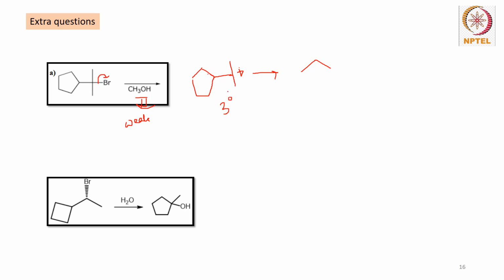This is the highest stable one, because it has the highest number of alpha hydrogens, 7. And so our product will be this one, with CH3OH, not OH, CH3OH.